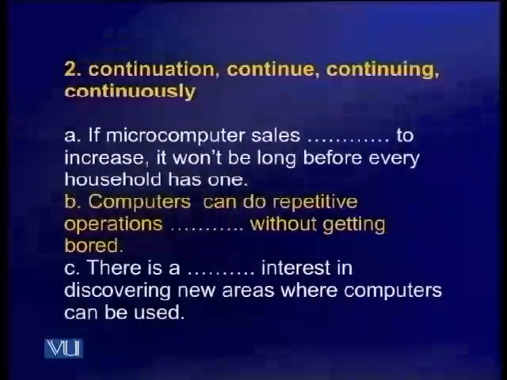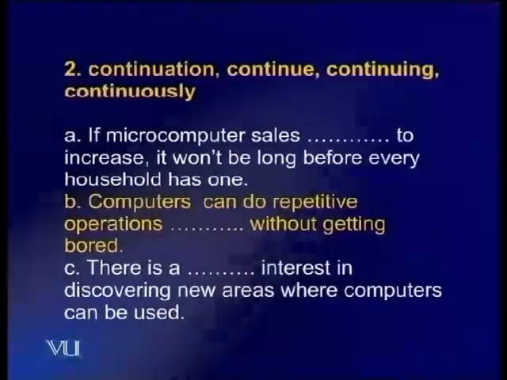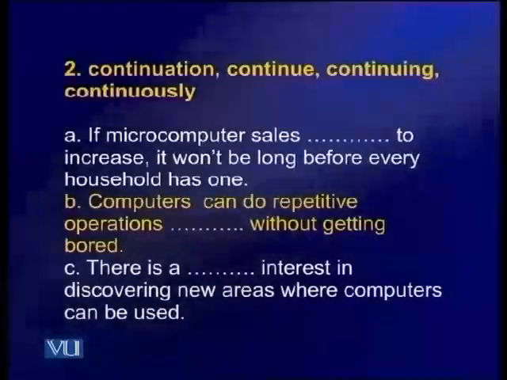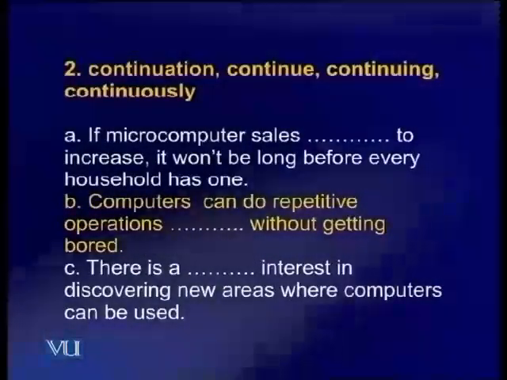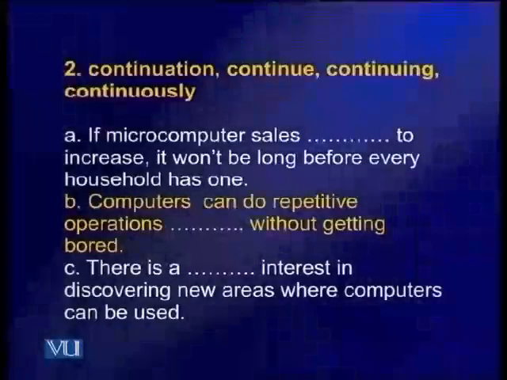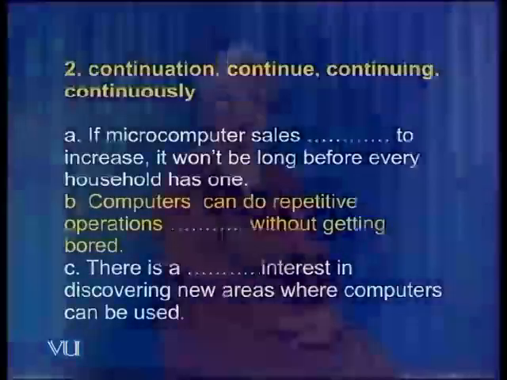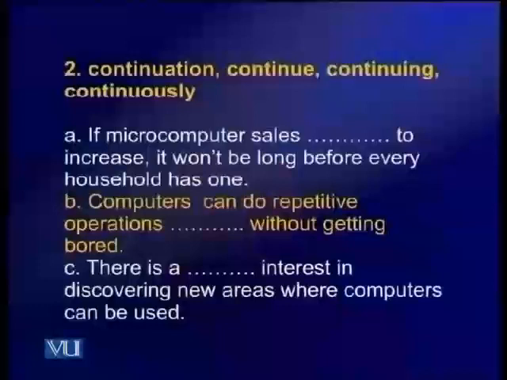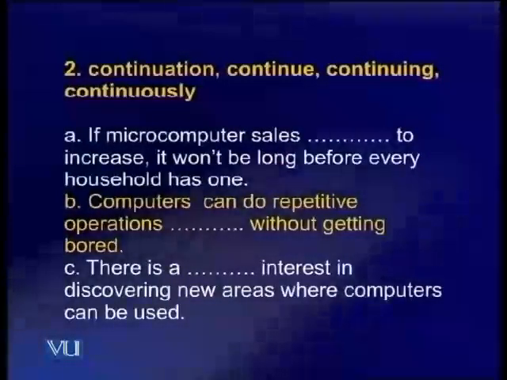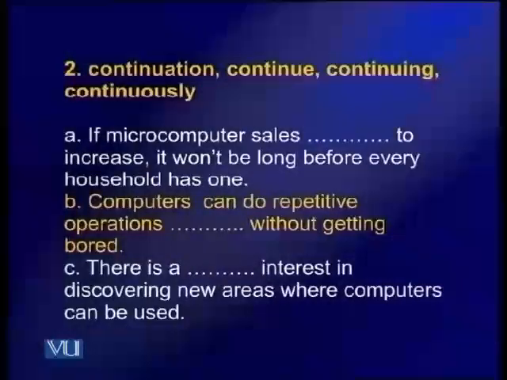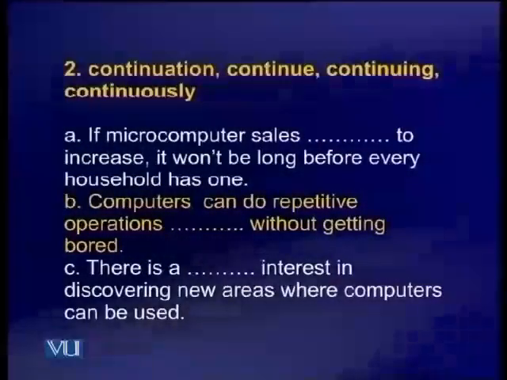You have 3 sentences and you have to see which one is correct. A, if microcomputer sales blank increase, it won't be long before every household has one. And the word is continue. If microcomputer sales continue to increase, it won't be long before every household has one. B, computers can do repetitive operations blank without getting bored.